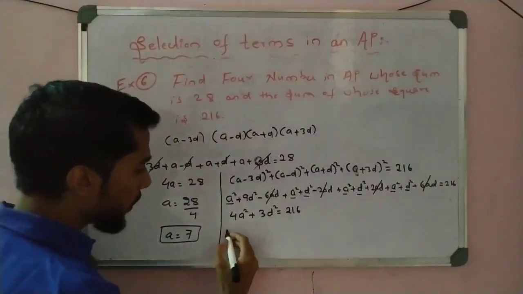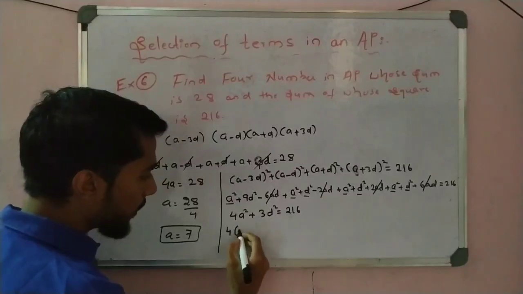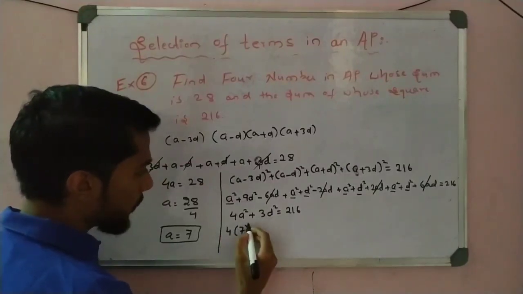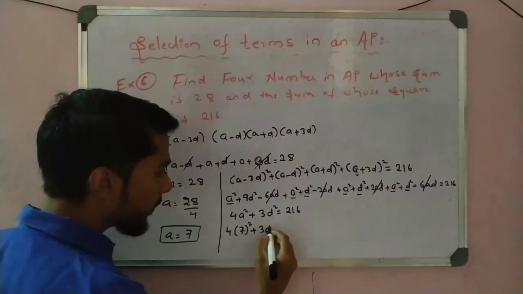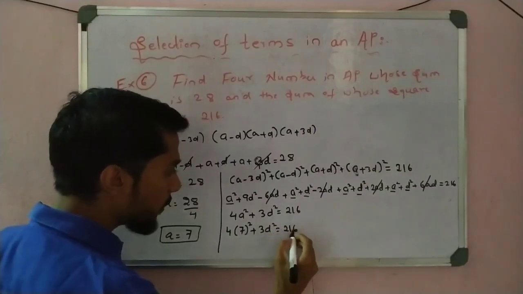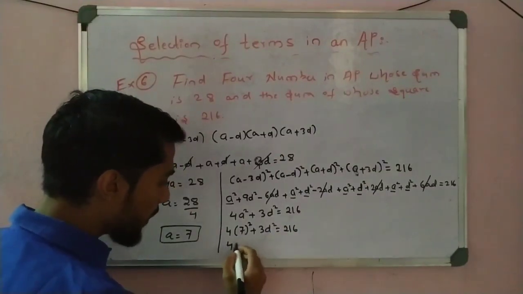Now put the value of a here, so we get 4 times 7 square plus 20d square is equal to 216. What is 7 square? That is 49.